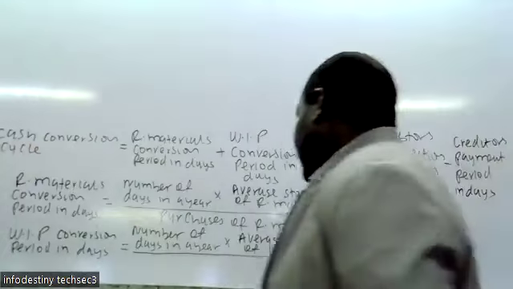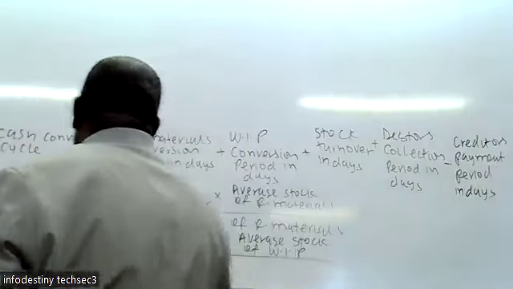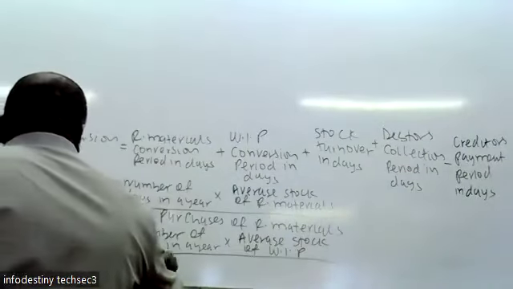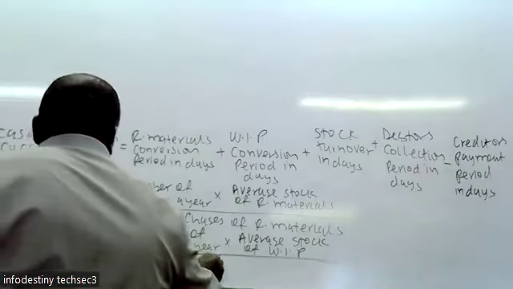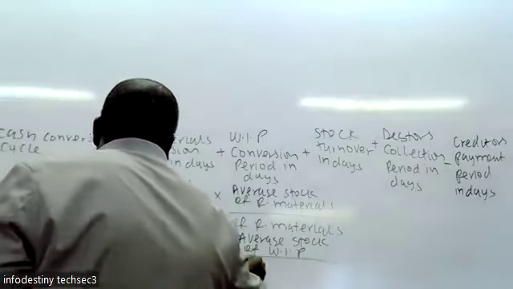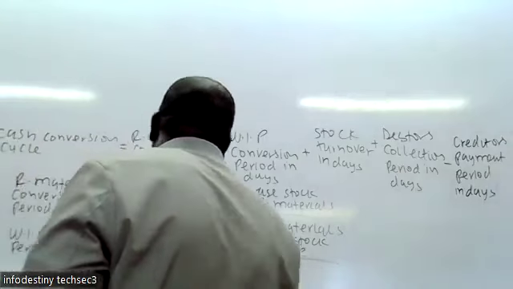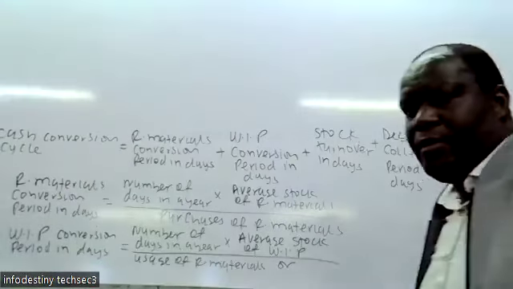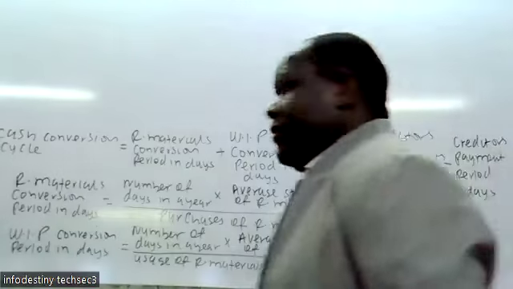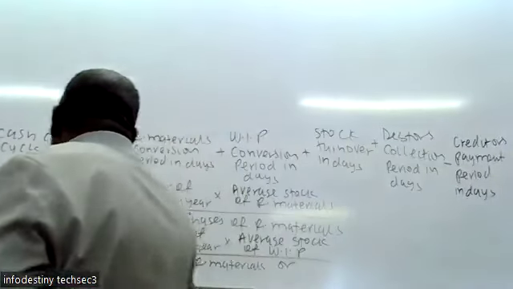Then we divide by usage of the raw materials, or simply the cost of production.